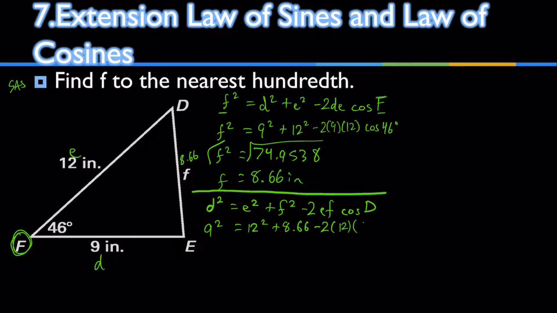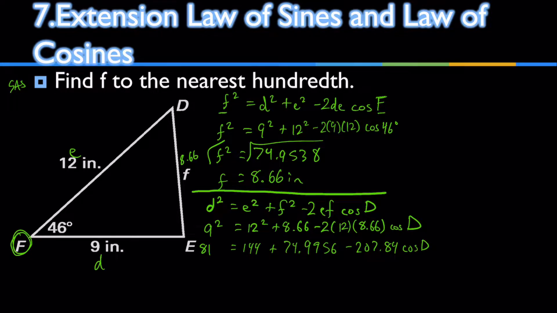And angle D is what we are looking for. 9 squared is 81. 12 squared is 144. 8.66 squared is 74.9956. 2 times 12 times 8.66 is 207.84.